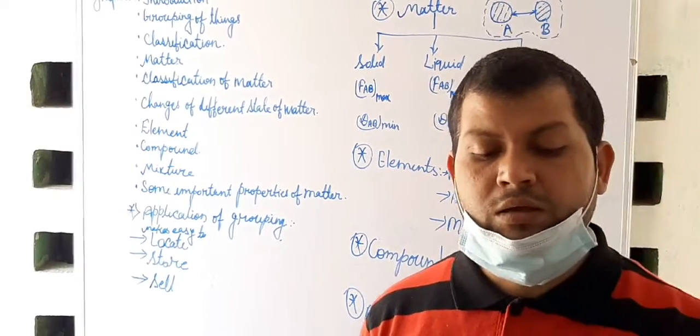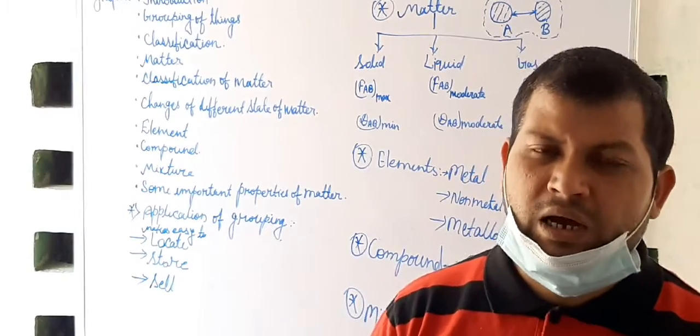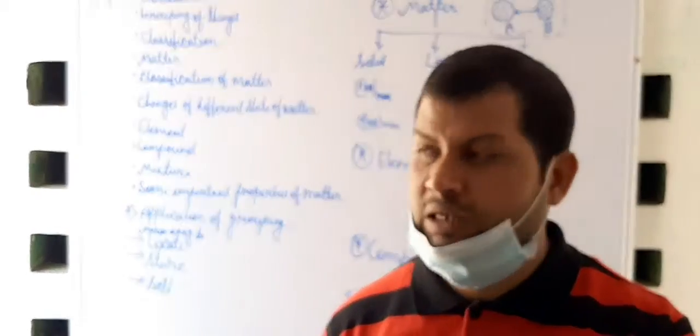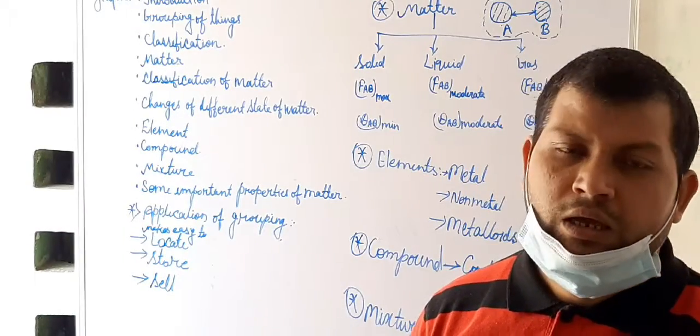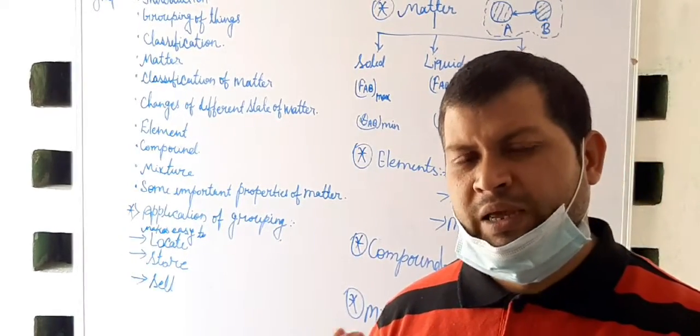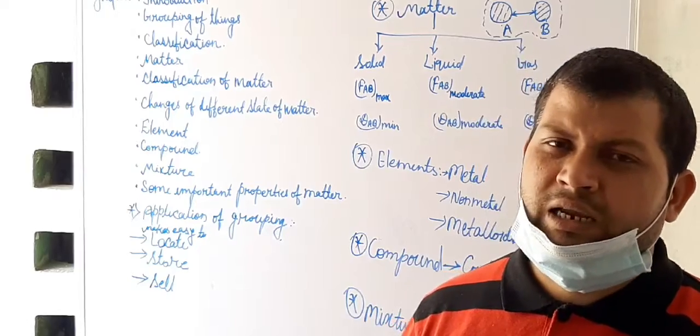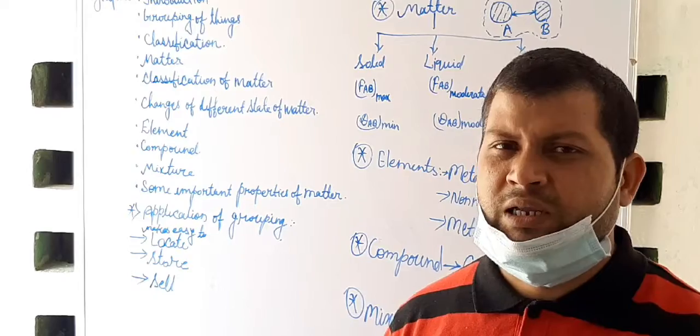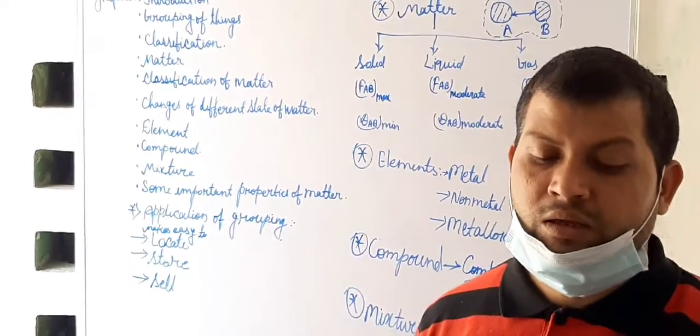So these are the properties. Another property is conductivity of electricity. Some metals allow heat and electricity to pass through them. This property of metals is known as conductivity.